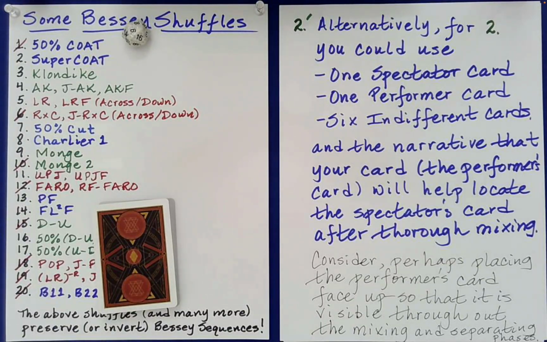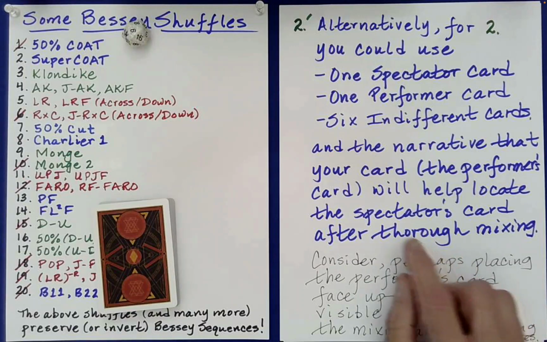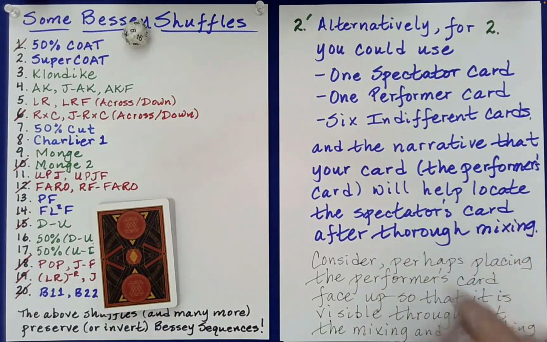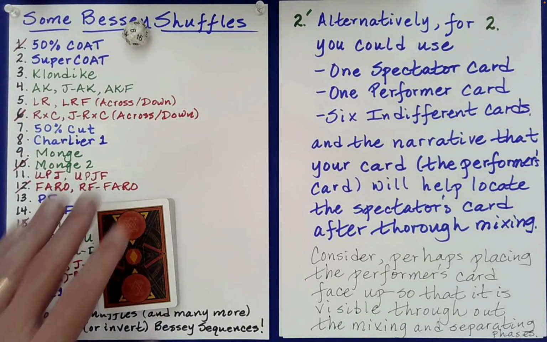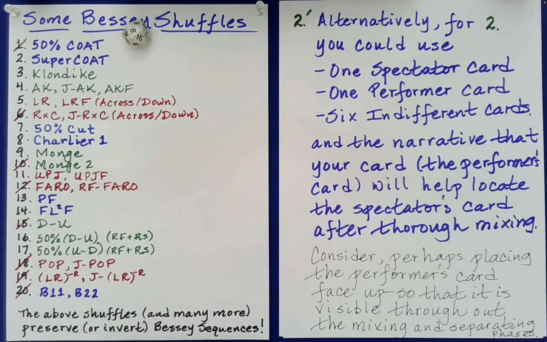And the narrative is that your card, the performer's card, will help locate the spectator's card after thorough mixing. And then consider perhaps placing the performer's card face up so that it is visible throughout the mixing and separating phases. So that's kind of a fun little suggestion there.